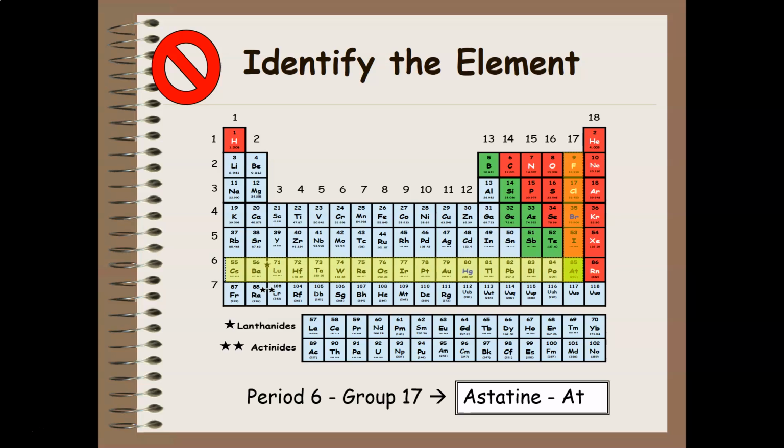We can use the periods and the groups to learn information about the atoms, like how many valence electrons they have, or what charges they like to make, or how many energy levels they might have. So we can learn a lot based on their position in the periodic table.